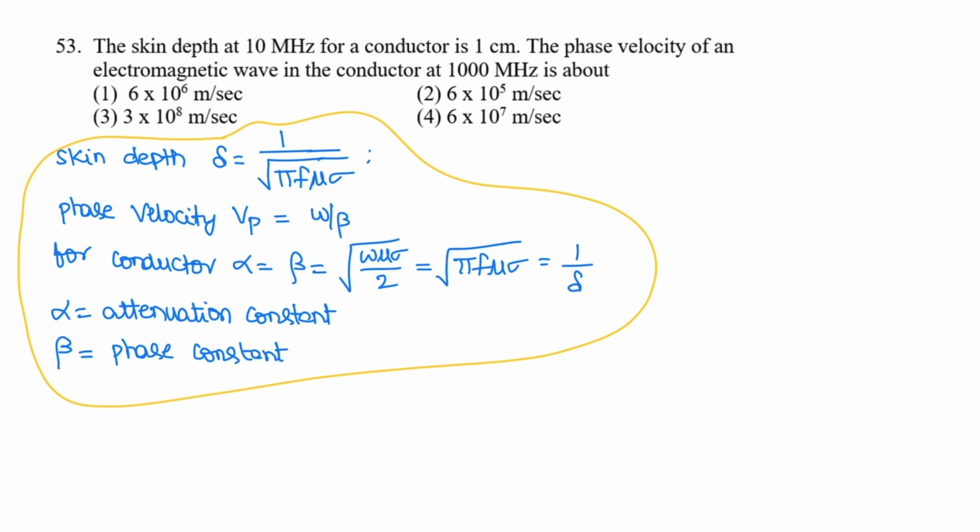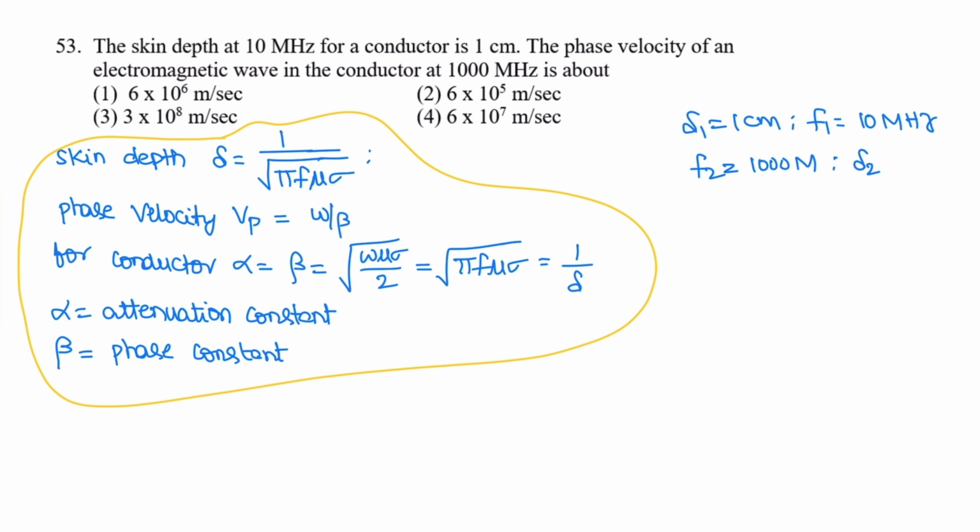Now they have given delta 1 is 1 centimeter and frequency f1 is 10 megahertz. Frequency f2 is 1000 megahertz, and we need to find the skin depth at 1000 megahertz.